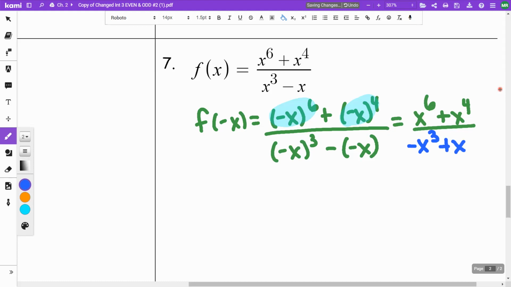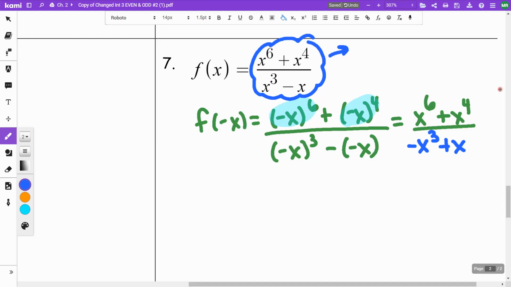So when you're looking at these, you want to be careful. They are not the same. The tops are the same, the bottoms are not. But what you want to remember is if I was to make this fraction opposite, I'm either going to make the numerator opposite or the denominator.